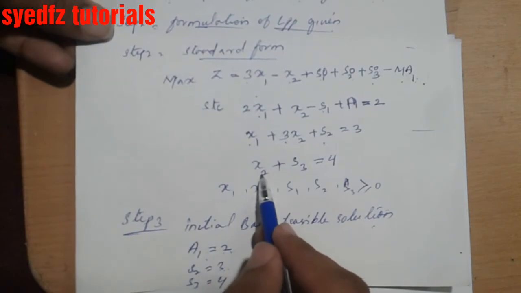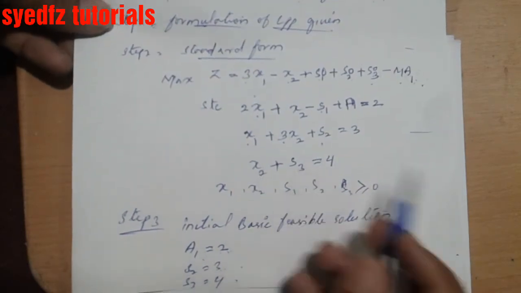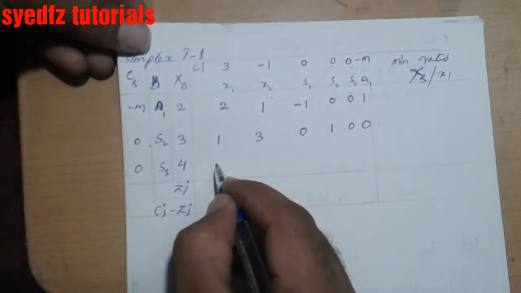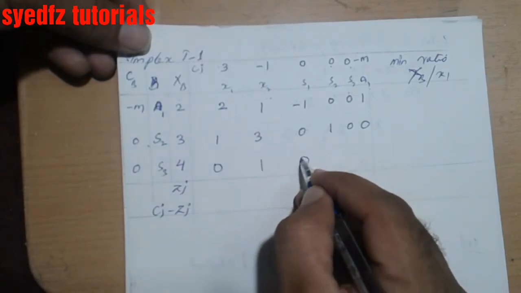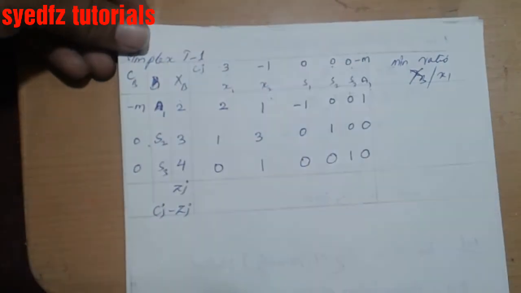Here for the third, x2 is a 1, x3 is also there, so 1, x1 is not there, so take 0, s1 is not there, s2 is not there, s3 is there, but a is not there, so take 0, 0.